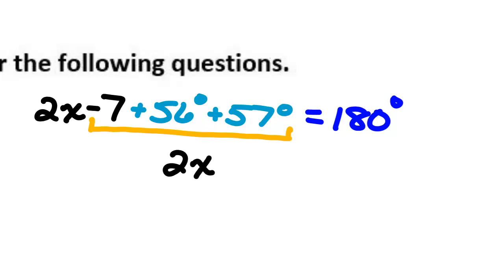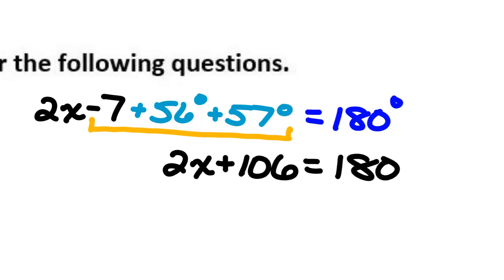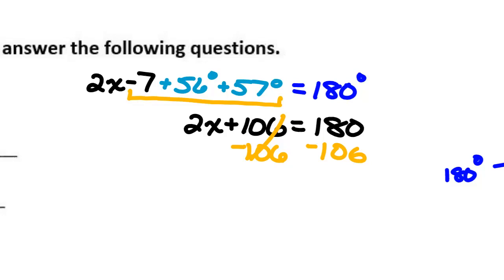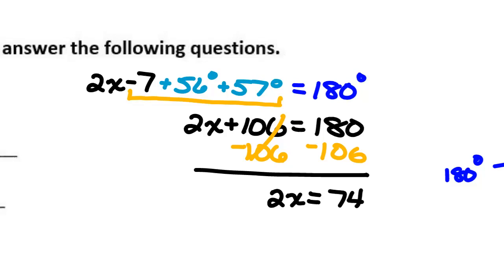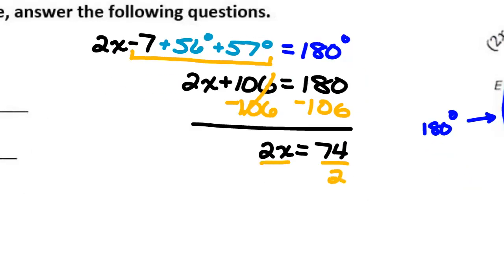So 2x plus 106 equals 180. And then we'll minus 106 from both sides. What is 180 minus 106? 74, and then we cut that in half to get rid of the 2 in front of our x. And we get 37 for x.